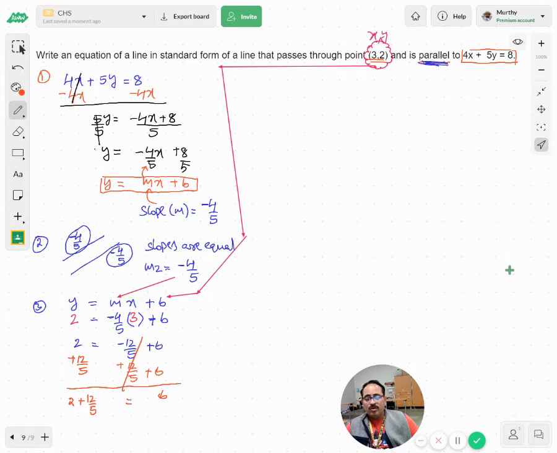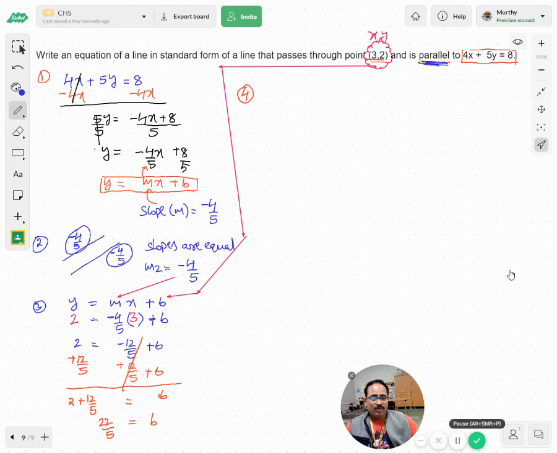Here you can make use of a calculator. Then you get that it is 22 over 5. This is step 3. Then step 4, it sounds like it's a little long calculation.